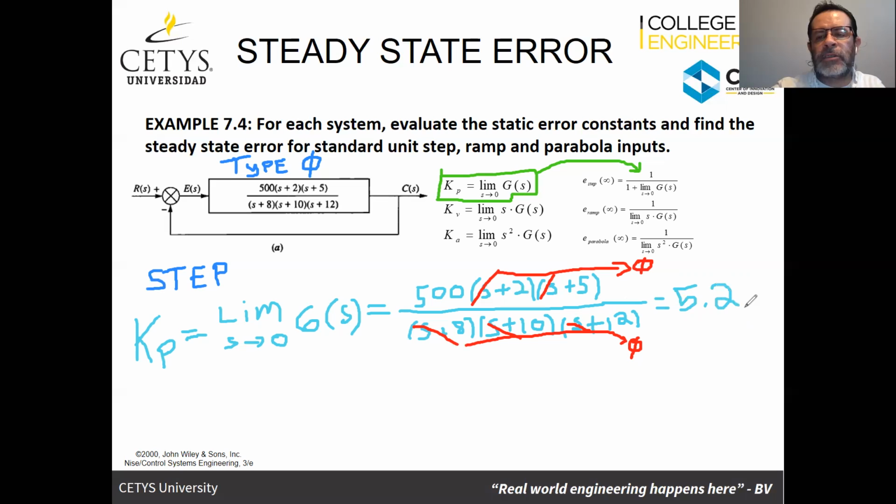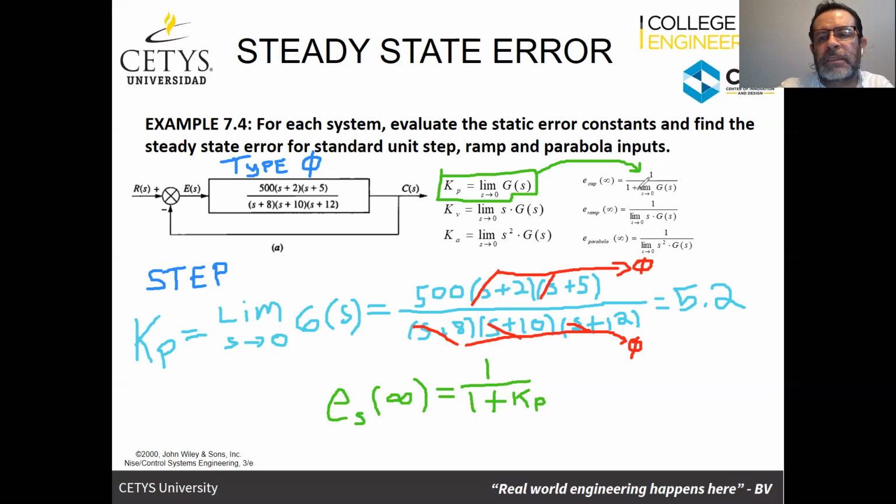Now the steady state error for the step, meaning the difference when the system is getting to its final value, as time goes toward infinity, is going to be 1 divided by 1 plus KP.